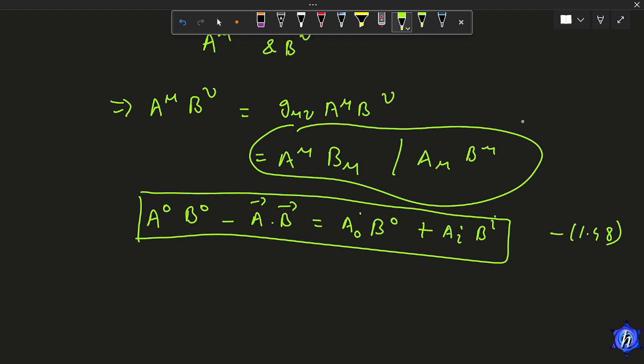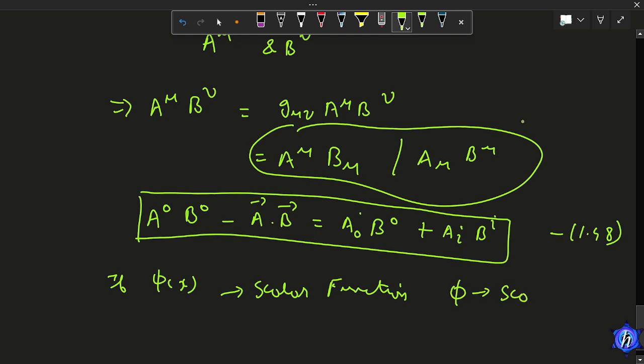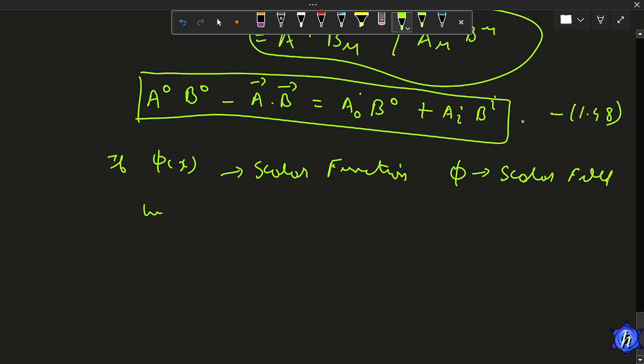Now, if phi of x is some scalar function, where psi is a scalar field, we can calculate a small change in it.